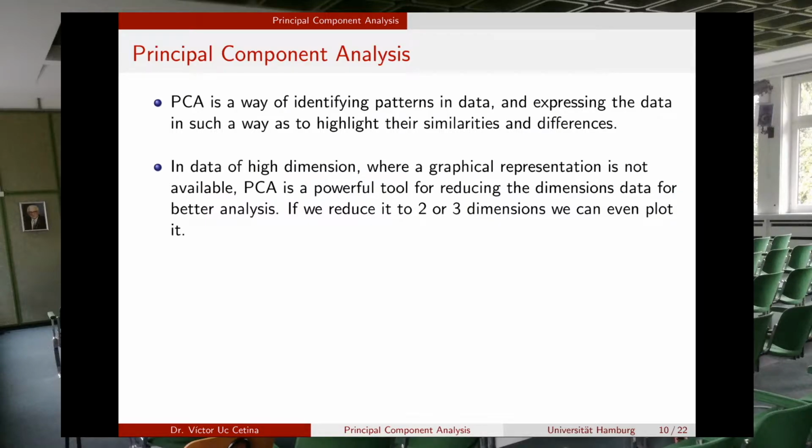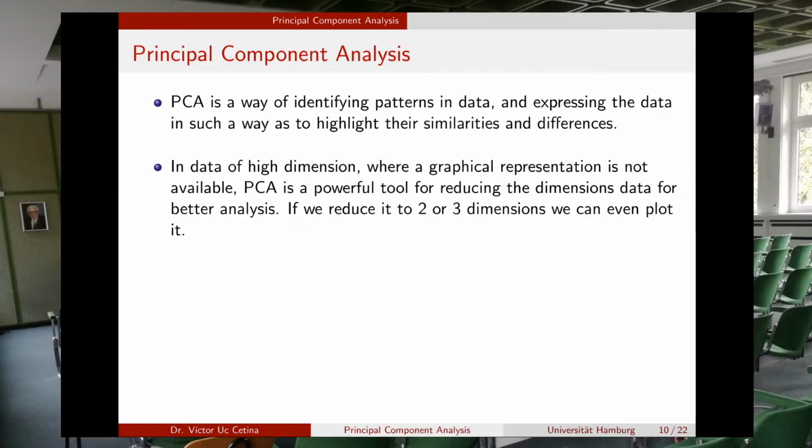So in data of high dimension, where a graphical representation is not available, PCA is very useful to reduce the dimension, and this will allow us to do a better analysis of the data. If we can reduce the dimensions to be in dimension 2 or even dimension 3, then we can also plot these points and observe if there is some structure in the data set.